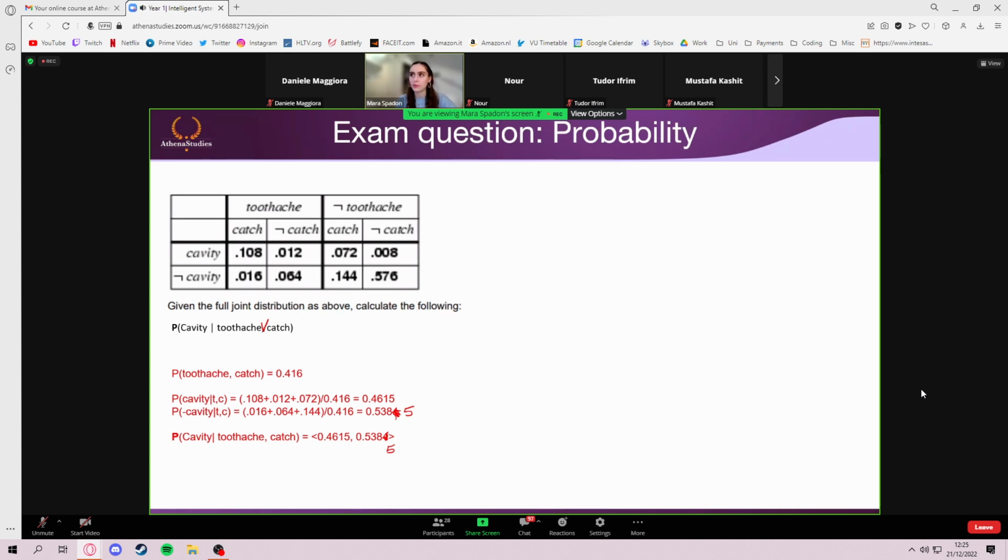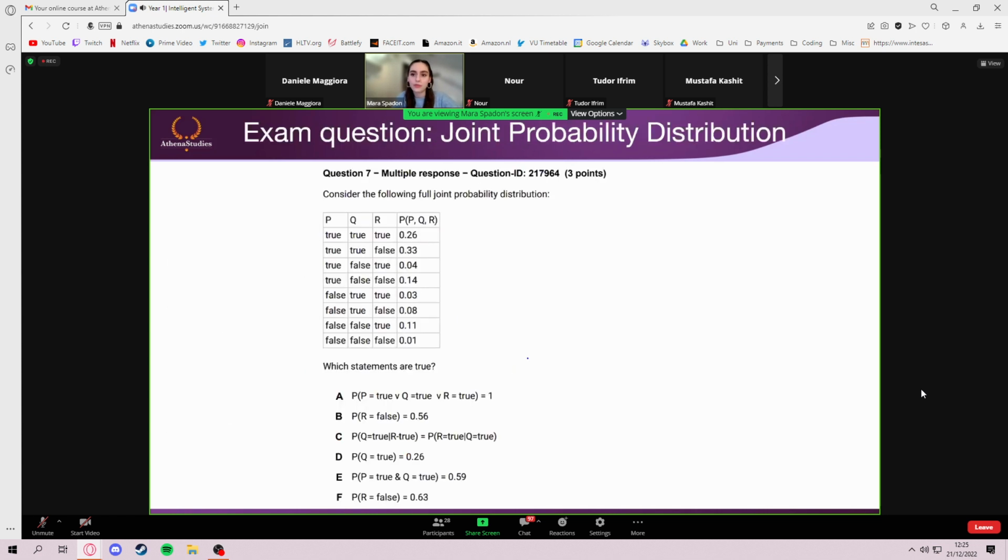So that's good. I think probability is quite a big part of this exam, so there are a lot of types of probability questions. Let's go through another one for the joint probability distribution. This one is a bit different. It says, consider the following full joint probability distribution, and then it asks which statements are true.